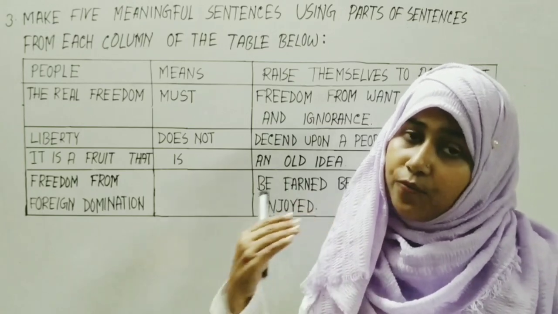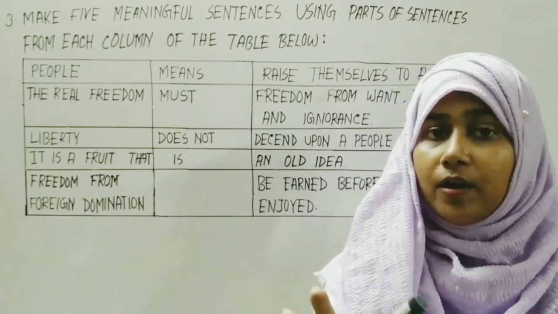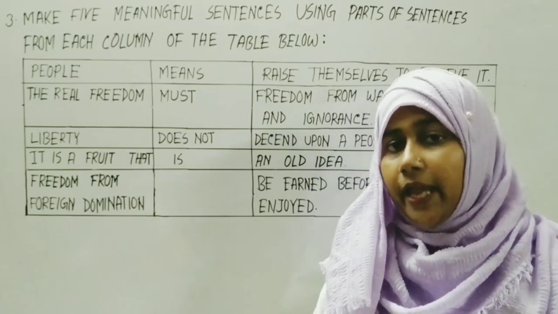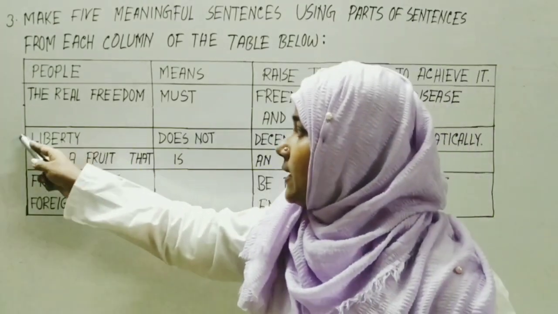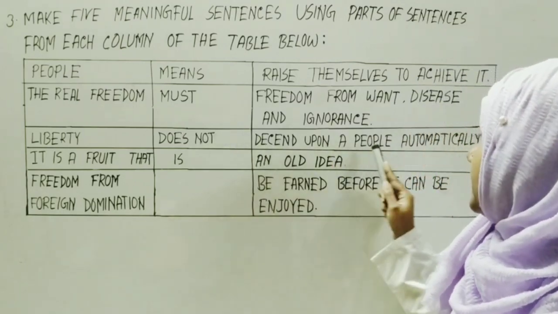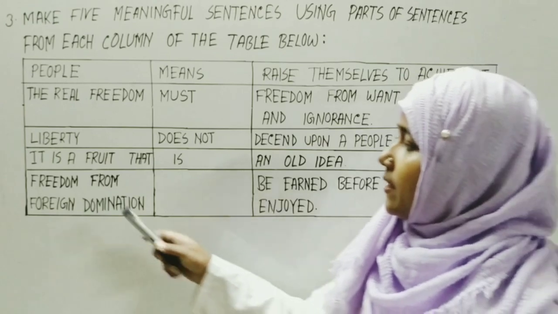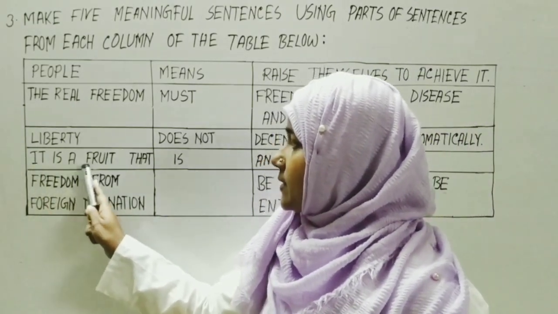So the fourth point you can use by using earned or enjoyed. At first you should earn it and then you can enjoy it. So this sentence is: liberty doesn't descend upon a people automatically. Then the third part, it is a fruit.